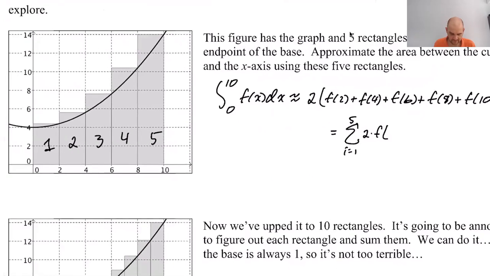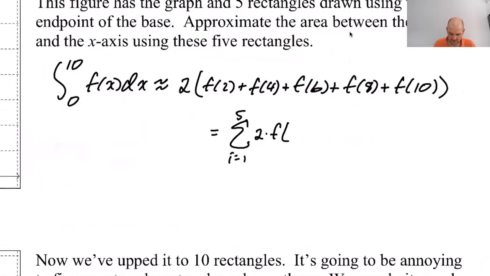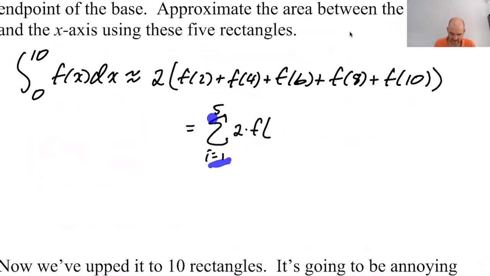Well, we're starting at 0, and to get to the first one, we add the base once, so it's 0 plus 2. To get to the next, we do 0 plus 2 times 2. To get to the third rectangle, we do 0 plus 3 times 2. To get to the fourth, we do 0 plus 4 times 2. So really, if i represents the number of the rectangle we're currently working on, we're just doing 0 plus 2i.